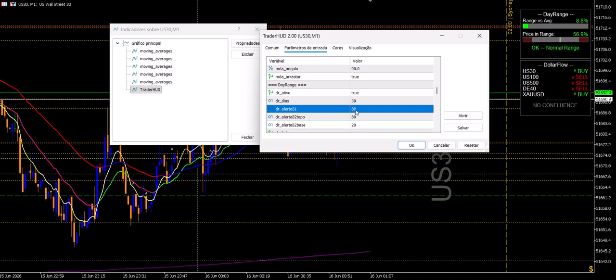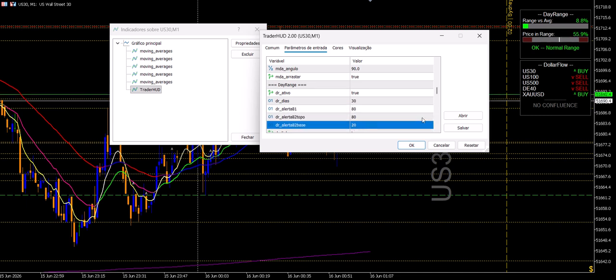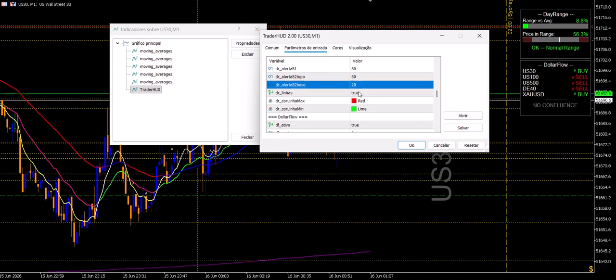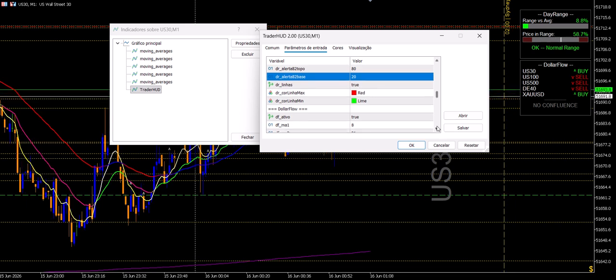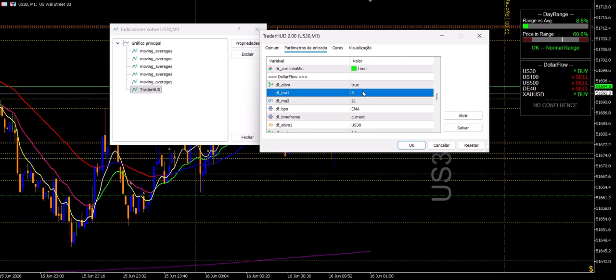Day range, enable/disable. Historical day count, how far it can have moved. One way or the other. It's alert whether you want top and bottom lines visible and their colors.